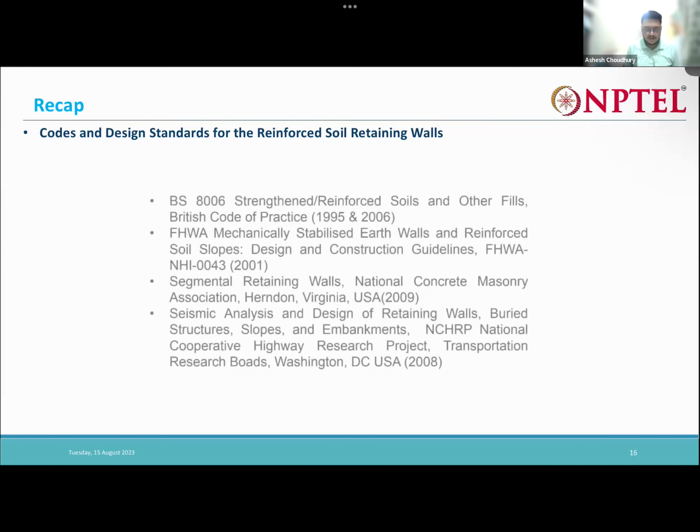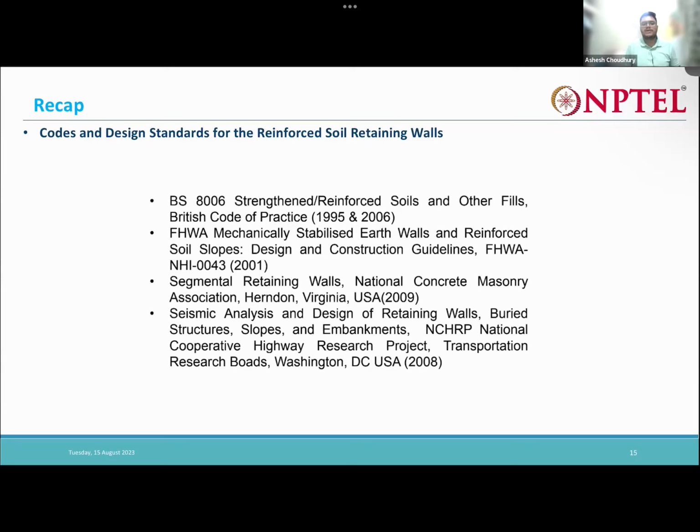The first code is the British Standard that deals with reinforced soil structures. Then we have the Federal Highway Administration (FHWA) code that deals with mechanically stabilized earth and reinforced soil slopes. Then we have the segmental retaining walls code by the National Concrete Masonry Association, and the seismic analysis by NCHRP. These are basic codes mainly from Western countries such as the USA and UK, and are widely used all around the world to construct reinforced soil walls.